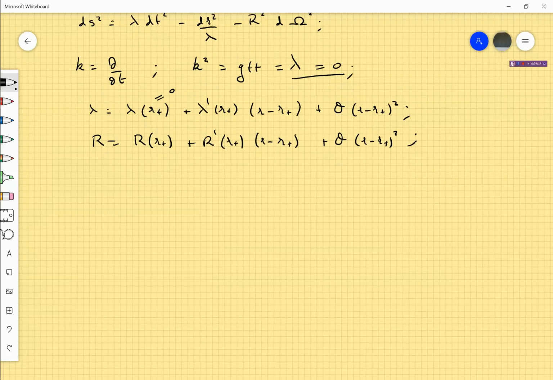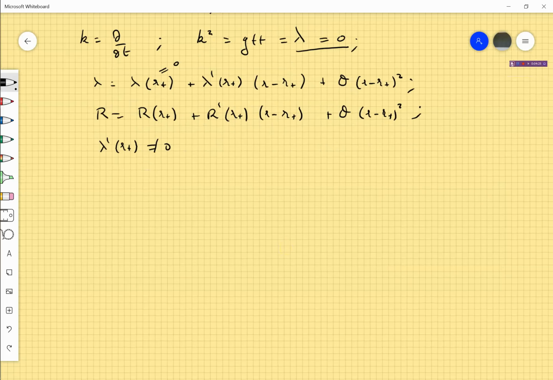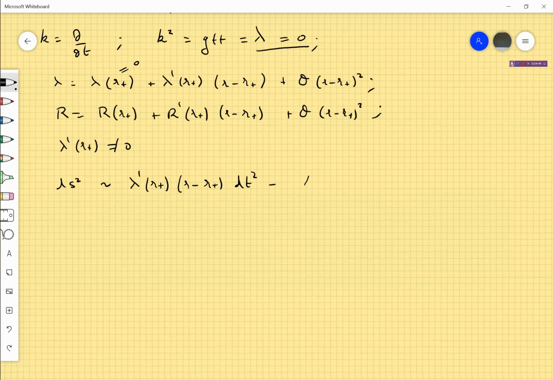Then we will see what happens if it is not. But suppose for the moment that lambda prime evaluated at r plus is different from 0, and then we approximate the metric near r plus by lambda prime evaluated at r plus times (r minus r plus) dt squared, minus, and here we have the inverse. Yes, take the leading term.